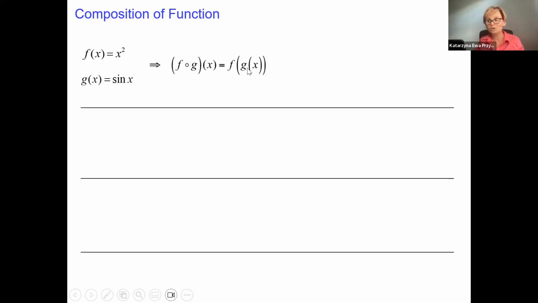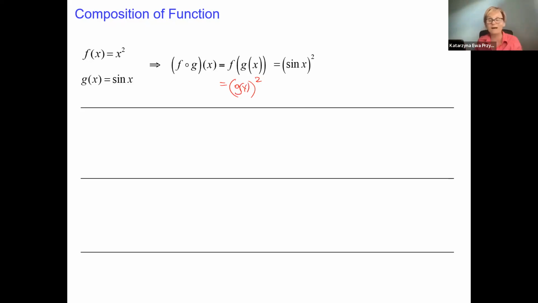But now, in order to combine f compound with g, we take the outer function f of x, x squared, and instead of x, we replace x with g of x. It was x squared, but we put the new formula instead of x.